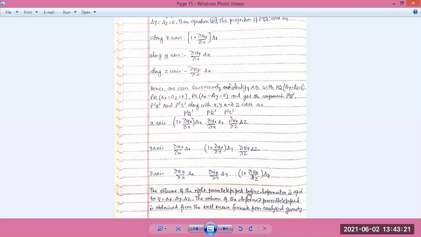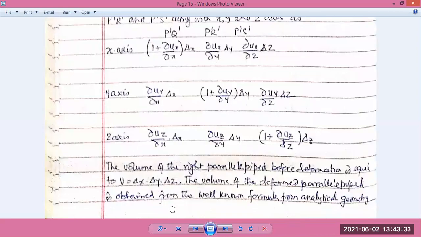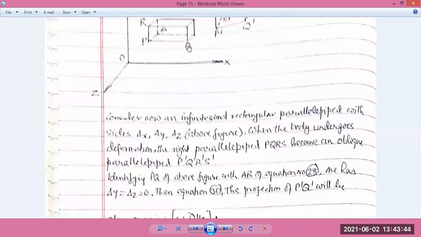The volume of the right parallelepiped before the deformation is equal to V, which is delta x into delta y into delta z. How? It is like this here. The x coordinate of Q is x plus delta x, the y coordinate of R is y plus delta y, and the z coordinate of S is z plus delta z.